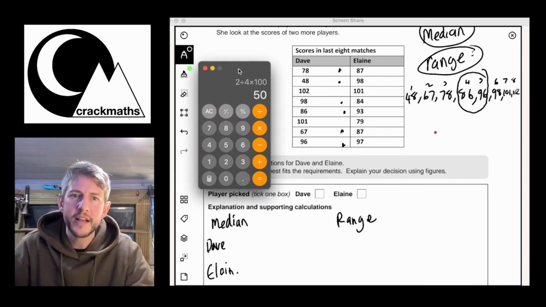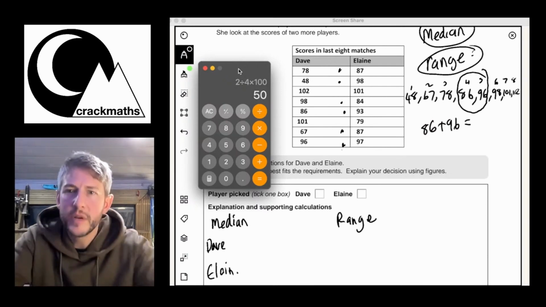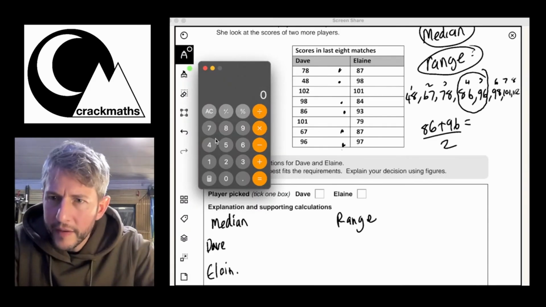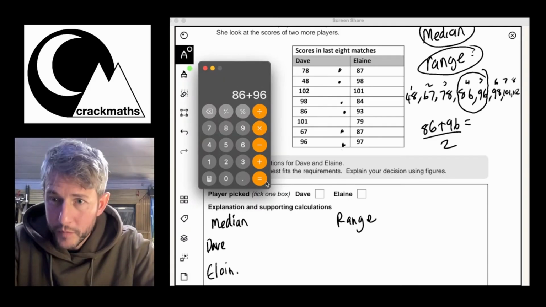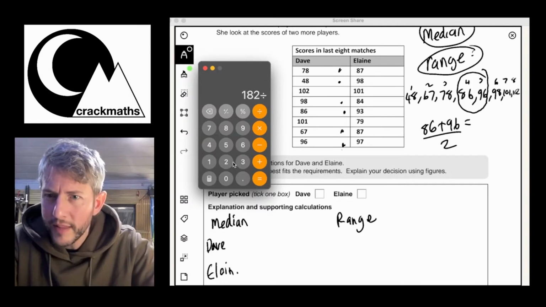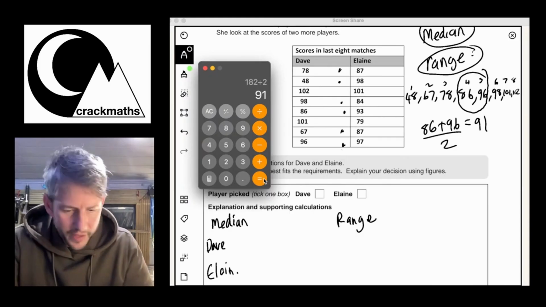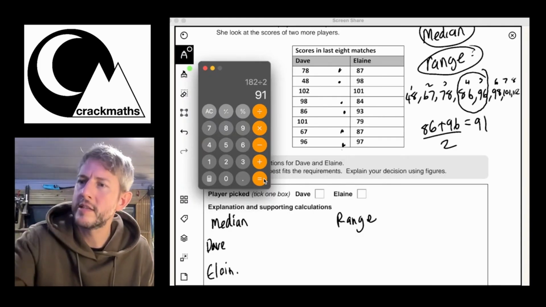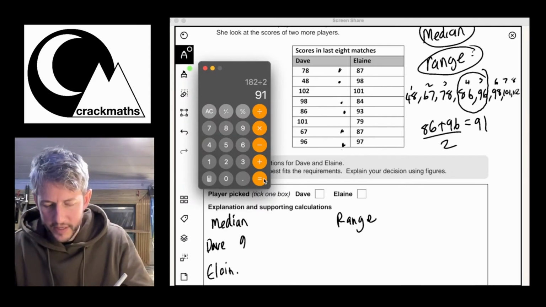So we have to find the average of those two. We do 86 add 96, and then divide that by 2. Let's do that on the calculator. 86 add 96 equals this, and if we divide that by 2, that gives us 91. So Dave's median is 91.